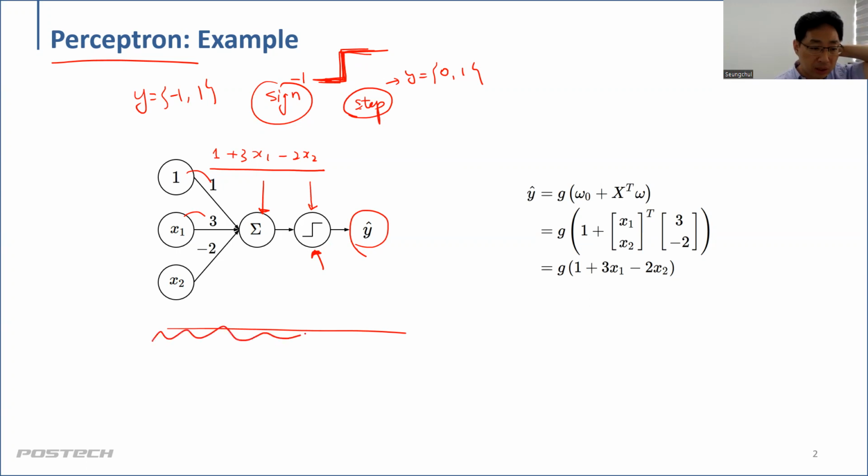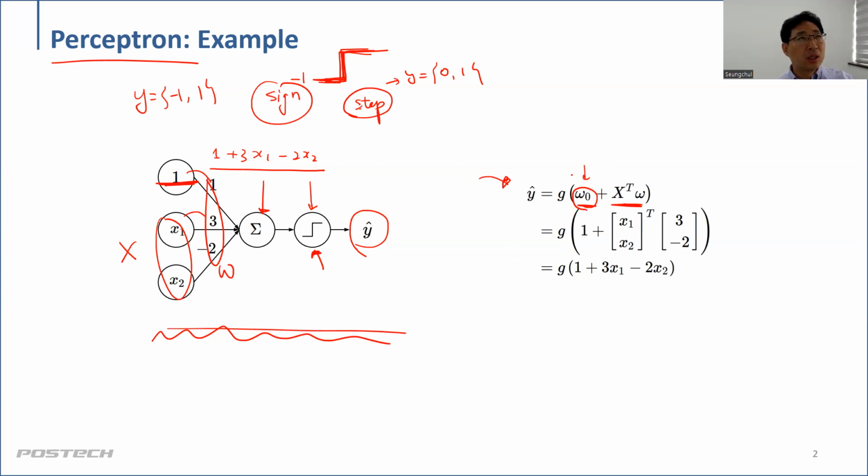That's how we are supposed to see these networks. And in equation form, in matrix or vector form, say these are the x and these are the omegas, the coefficients. Basically this is an inner product, plus a constant, here omega naught.